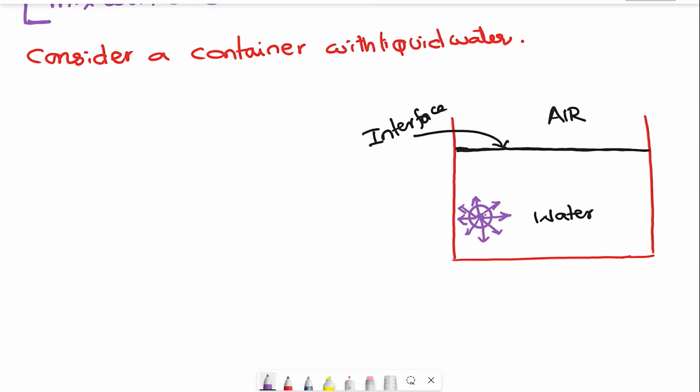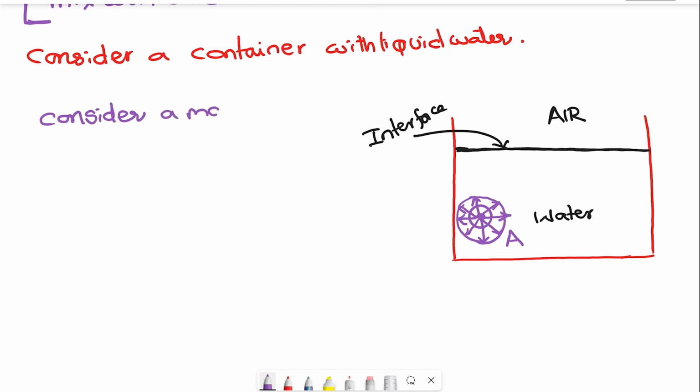And this molecule is attracted equally in all directions because on all sides of it the same molecules are present. Let me call that molecule A.